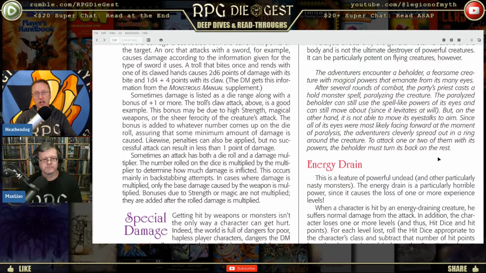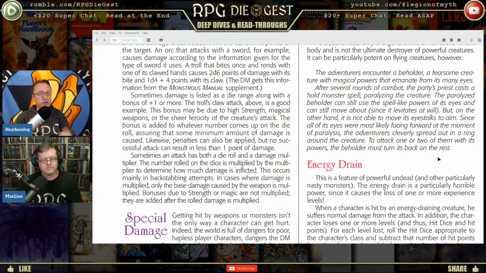For example, let's say your thief has a dagger +2. Dagger does 1d6 damage +2. And he goes for a backstab. He successfully stabs in the back. And the multiplier for his level is x2. So you roll the d6.